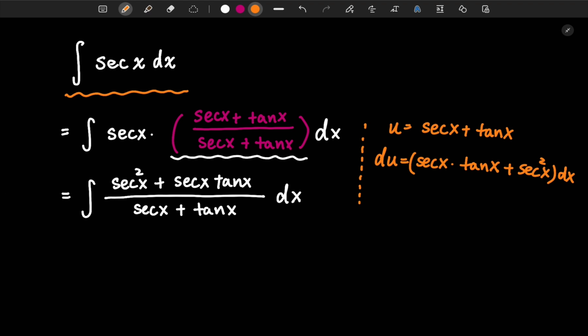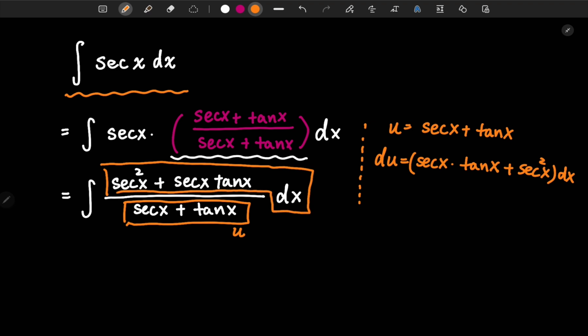So now we look at our function, and we realize we can substitute our function by u and du. This part on the bottom is going to be our u, and this part on the top, along with our dx, can be substituted by du, which makes our integral a lot simpler: 1 over u du.